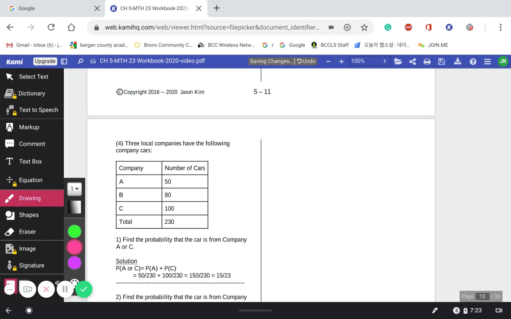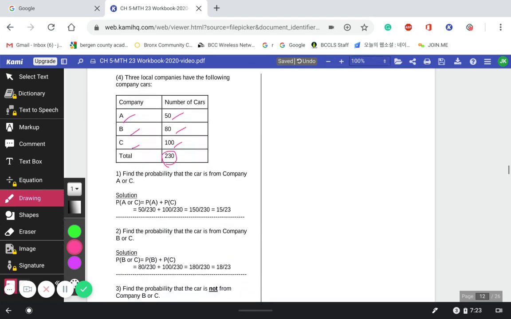Another example. Three local companies have the following company cars, and I guess they are sharing one big parking place. Company A has 50 cars, company B has 80 cars, company C has 100 cars. So altogether from these three companies, 230.